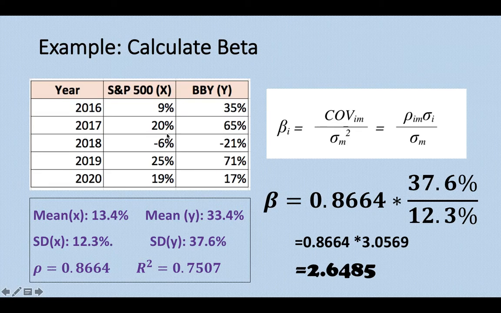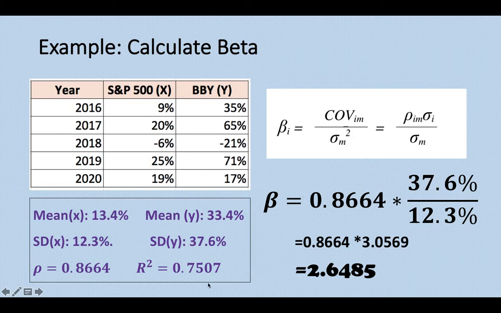When we look at Best Buy and compare it to the S&P 500, we want to know Best Buy's beta. When we compare to the S&P 500, in this case the S&P 500 beta is equal to 1. So based on the S&P 500, we can calculate the beta of Best Buy.